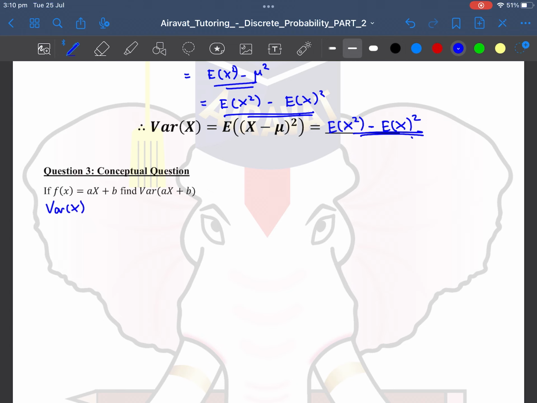So variance of X we calculated here was E of X squared minus E of X whole squared. Now what I'm going to do is substitute: variance of f of X is going to be E of f of X squared minus E of f of X whole squared.